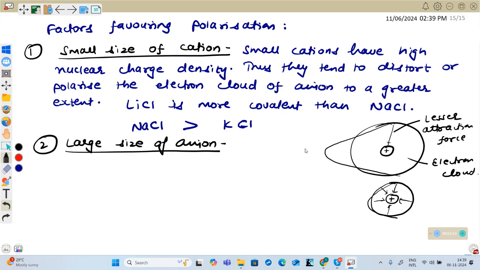You got it? If I put a cation here, there is less chance, because an ion's own nucleus is pulling electrons towards itself if the size is small, and here the anion size is bigger. The valence shell electrons are less attracted towards the nucleus because of the bigger size. So more chances that the cation will distort the electron cloud. More distortion here, less distortion there.